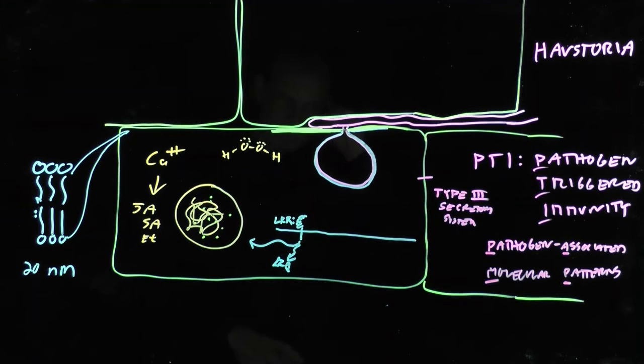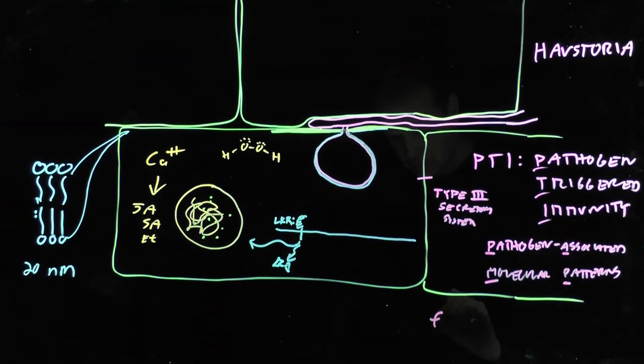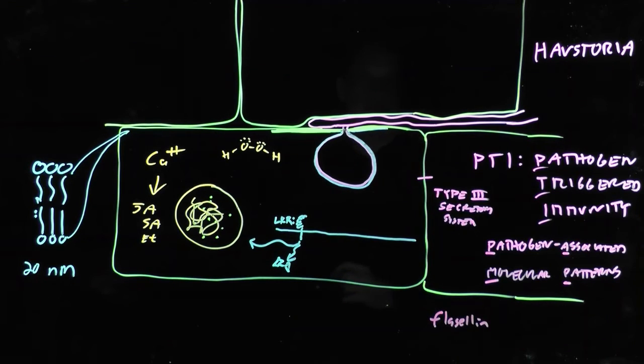In the case of bacteria, there's a couple well-known ones that are the models. One is flagellin, which is a component of the flagella that bacteria use to get around.